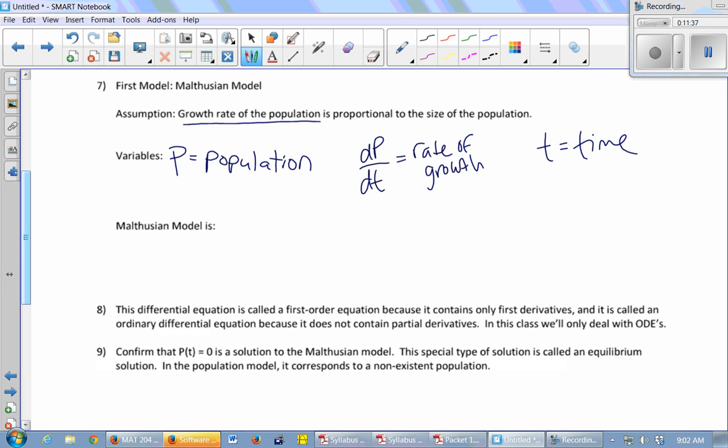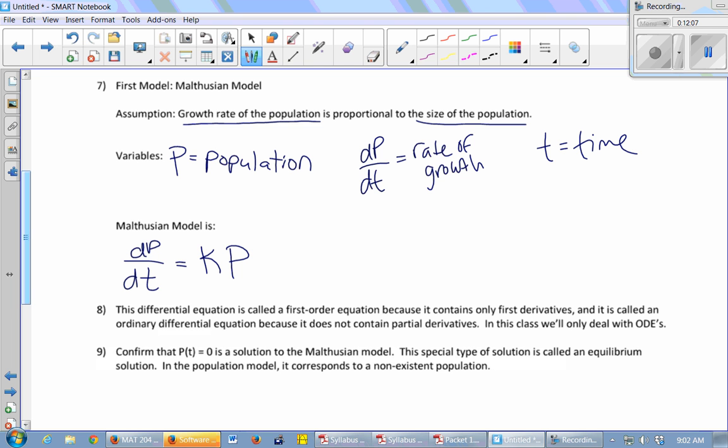The growth rate of the population, that translates to dP/dt. And then what does proportional mean? Multiplied by something. Yeah, so that thing, whatever it is, we don't know, we'll call it k. Some constant k times the size of the population, which is represented by the variable P.